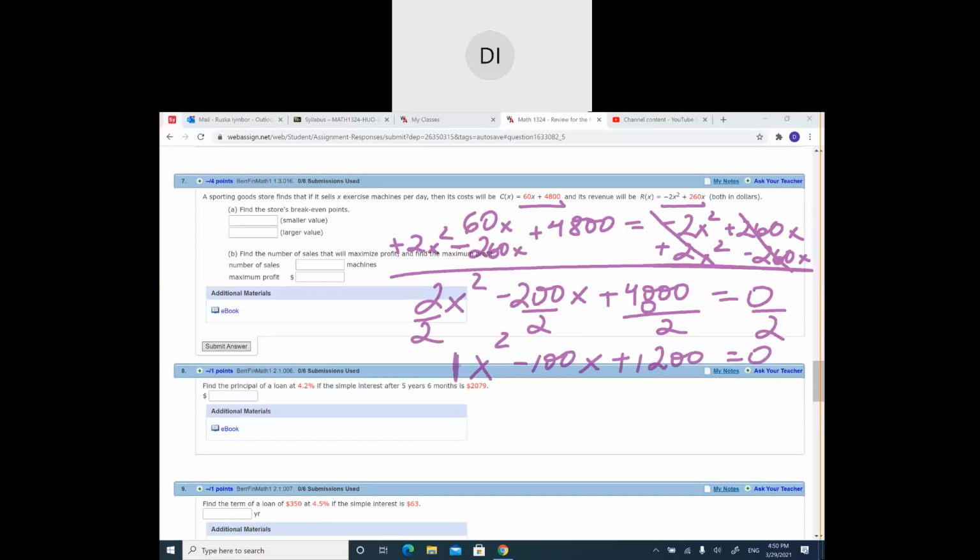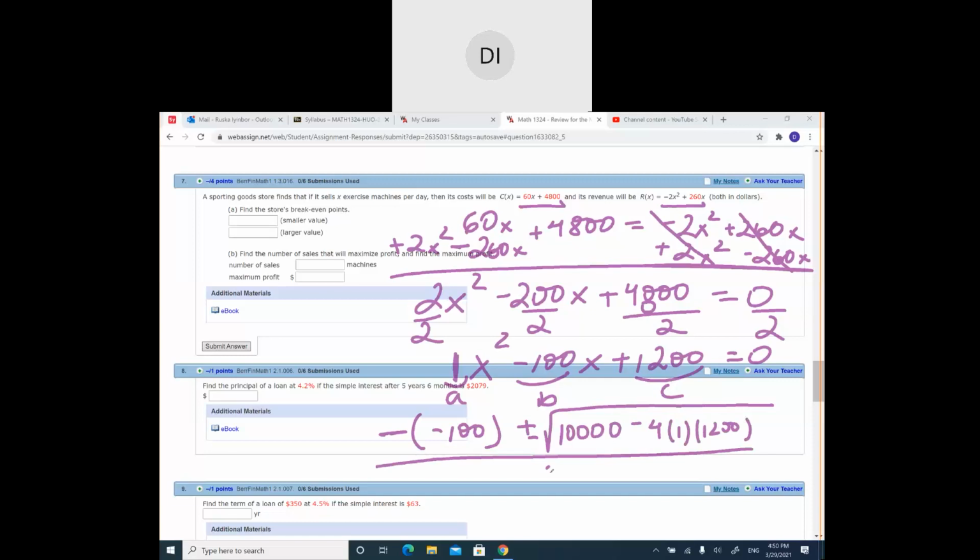A is 1, B is negative 100, and C is 1200. So this is A, B, and C. And you're going to plug it into the formula. The formula is negative B, which is negative negative 100, plus or minus square root. Now, negative 100 squared is going to be 10,000 minus 4, A is 1 and C is 1200. Everything over 2 times A, which is 2.